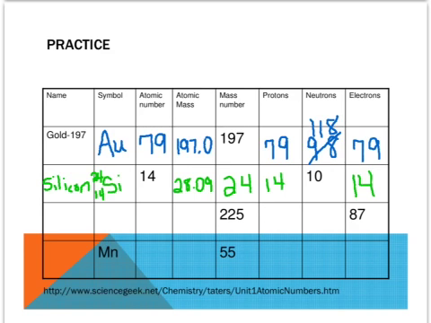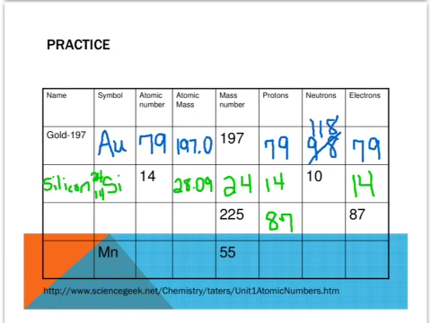Okay, so this next one, I want you guys to think for just a minute before I give you the answer, but this has 87 electrons. If it has 87 electrons, what does that tell you? Good. I'm hoping you're thinking, well, this is an electrically neutral atom, so if we have 87 electrons, we're going to have 87 protons.